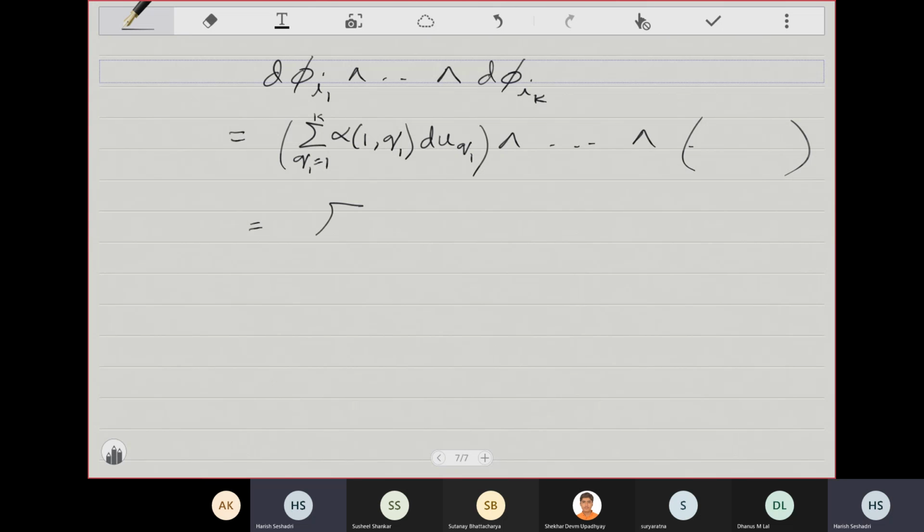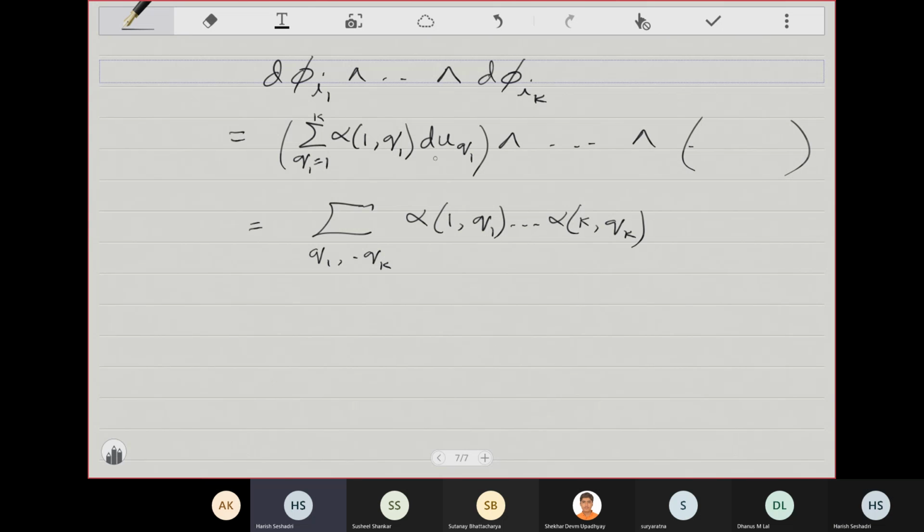So we'll get an enormous sum. So summation over q1, q2, etc., qk, alpha 1 q1 through alpha k qk.